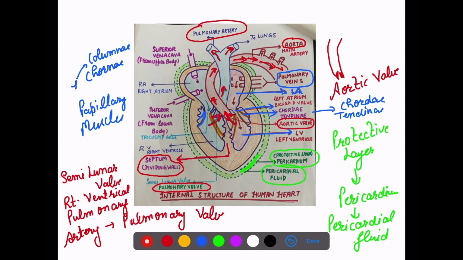Then there are two semilunar valves, one pulmonary and one aortic valve. The main artery carrying your oxygenated blood is the aorta, and the double membrane layer protecting our heart is the pericardium, filled with a fluid known as pericardial fluid.